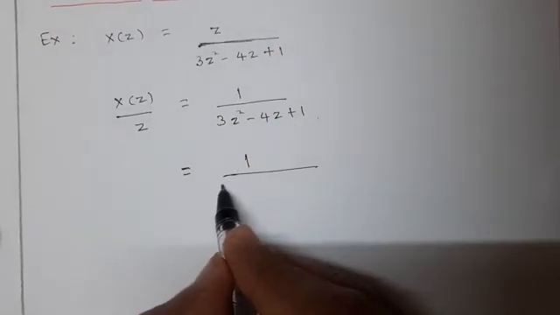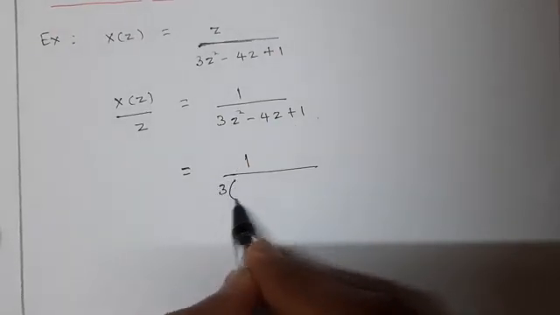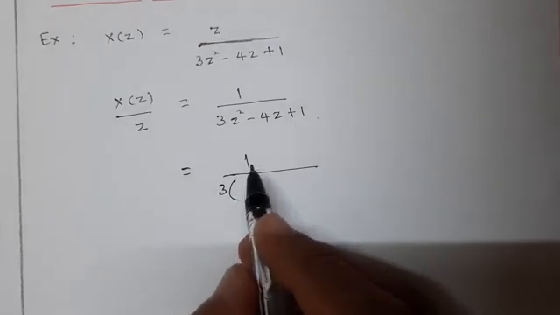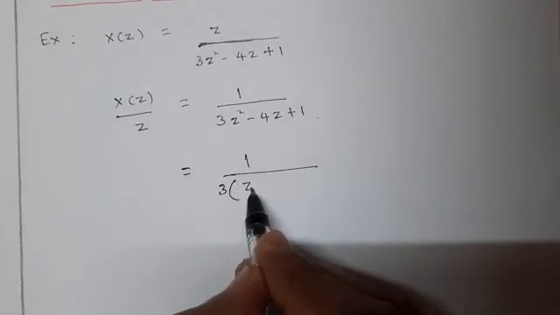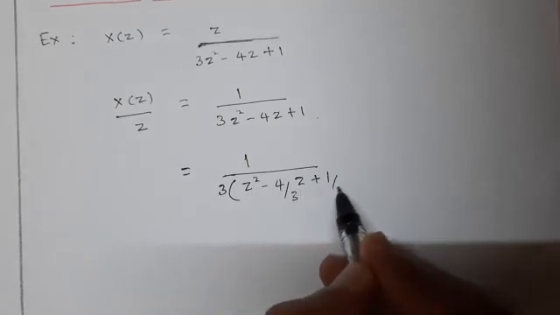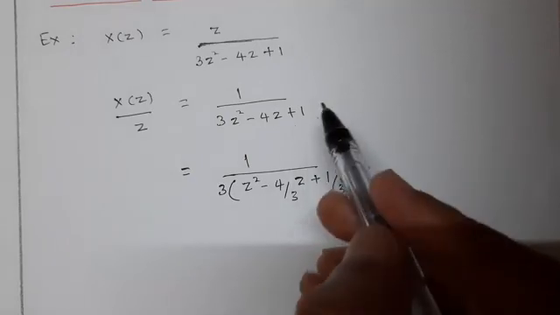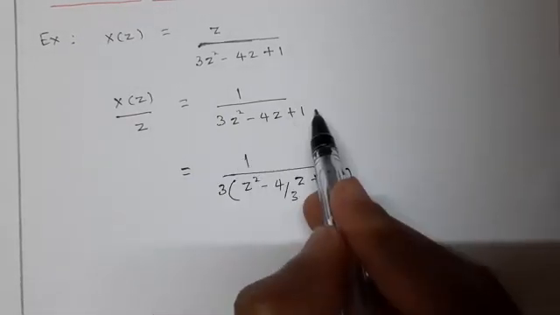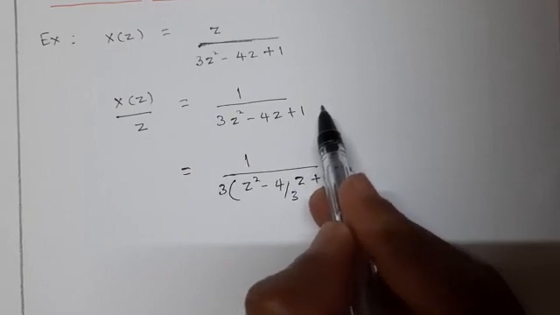So I will take the 3 out here, and then what I have is z square minus 4 by 3 z plus 1 by 3.